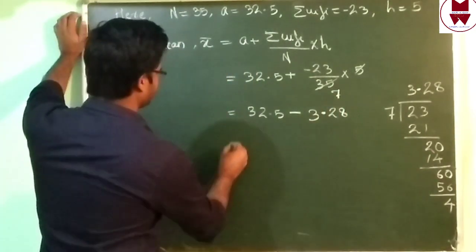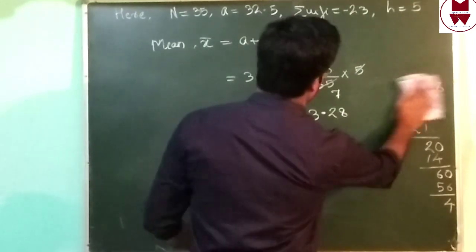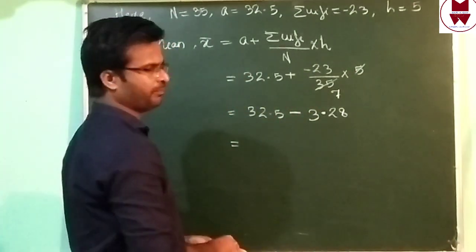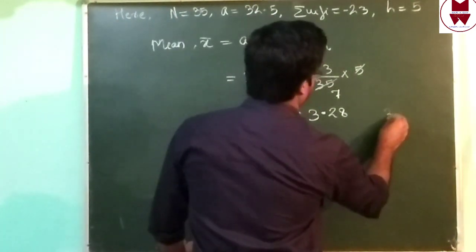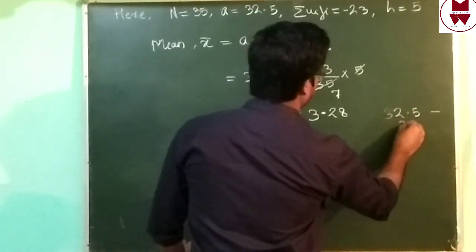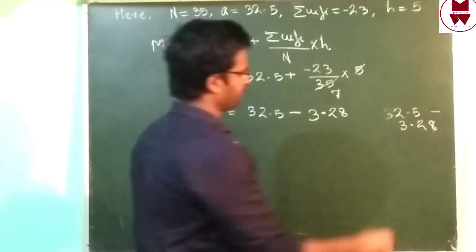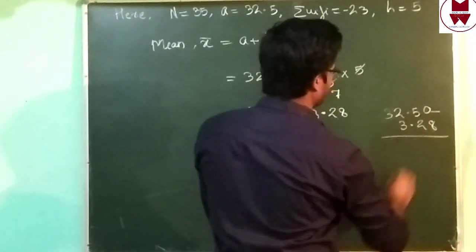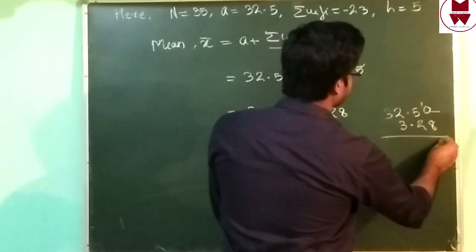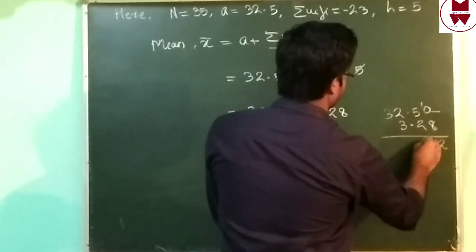We can write 3.28 equal to. We can subtract that, 32.5 minus 3.28. Point should be always equal level. Then here 0 we can put. 10 minus 8, 2. Here 4 only. 4 minus 2, 2.